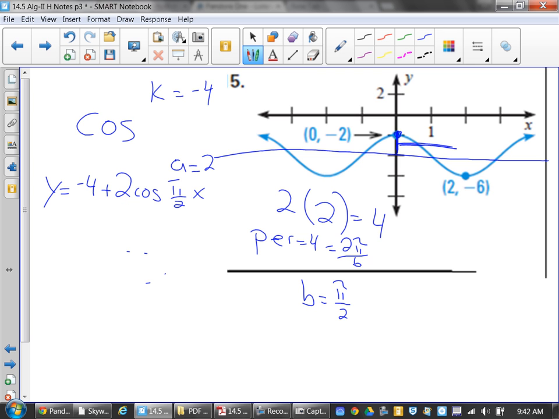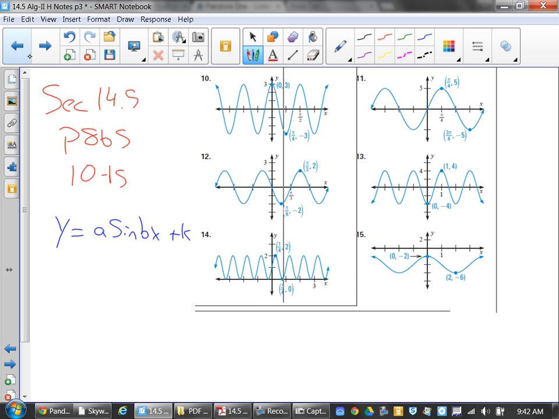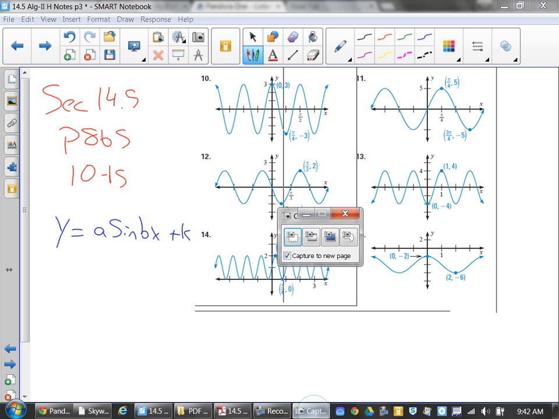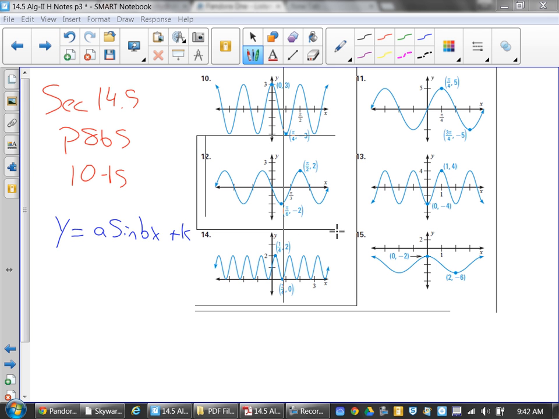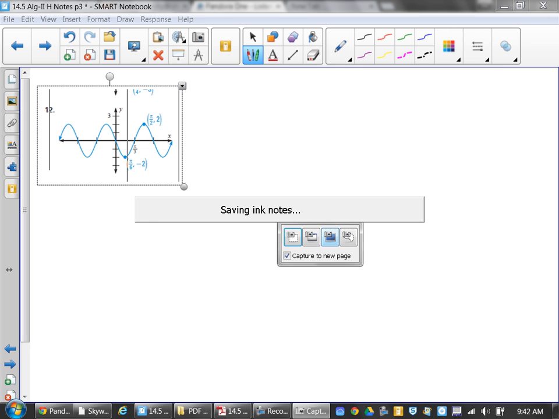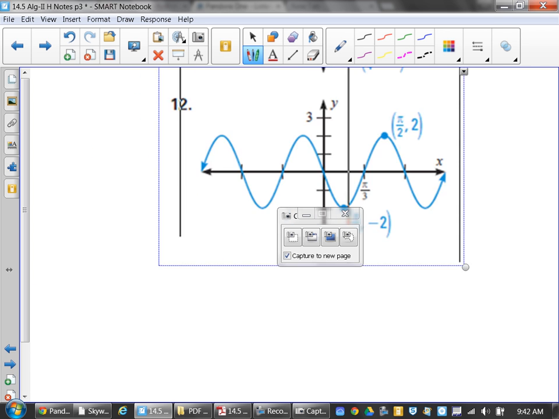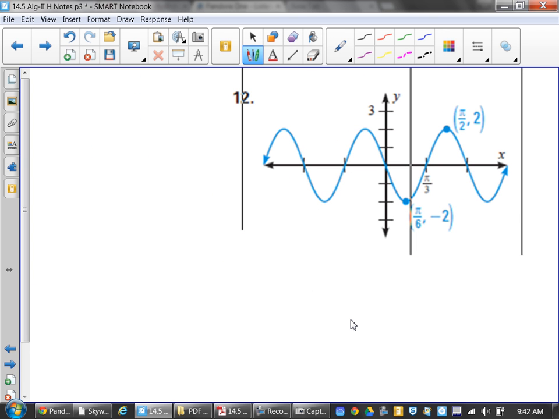Okay. Can you explain the final period of a sine graph? Sure. Let's see, what did we have there? Number 12 is sine. Whether it's a sine graph or a cosine graph, what you always do to figure out the period is find the horizontal distance between the maximum and the minimum.